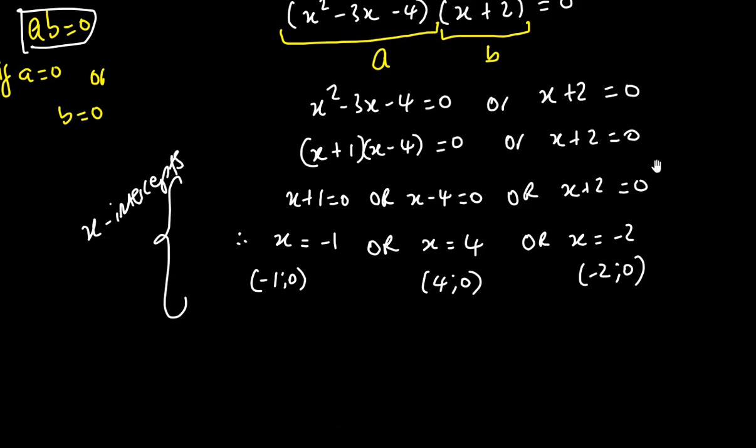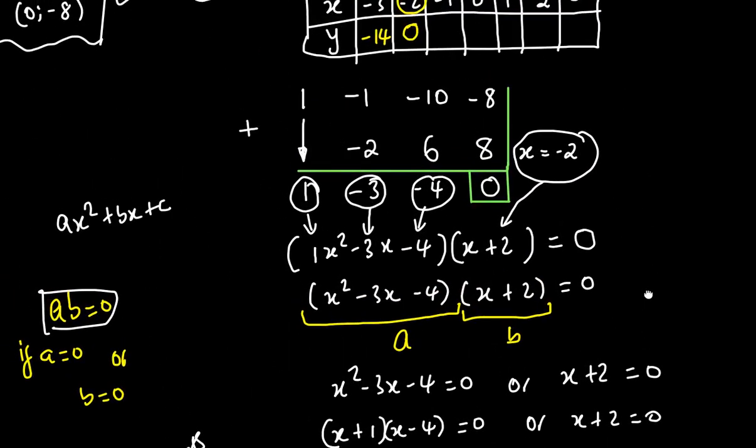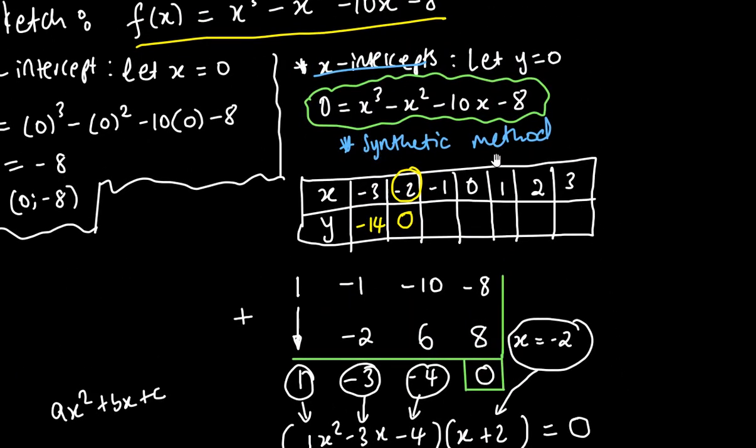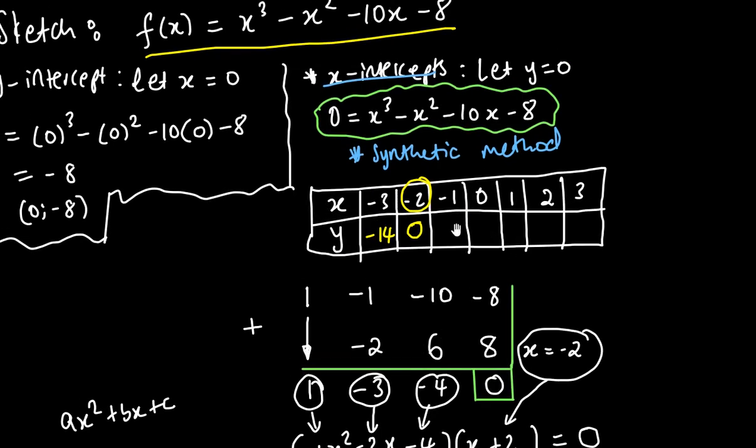So you can definitely see that to find x-intercepts, it's a bit of a long journey. We have to use synthetic division. Remember, we draw a table, we keep on substituting these x values into the equation until we get a y value that is 0. Then once we get that x value, we write it here.